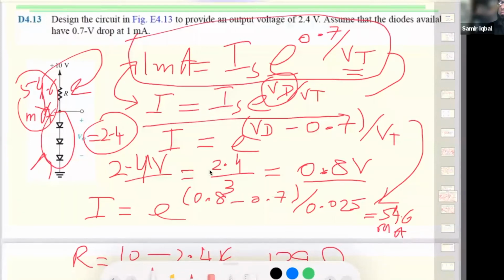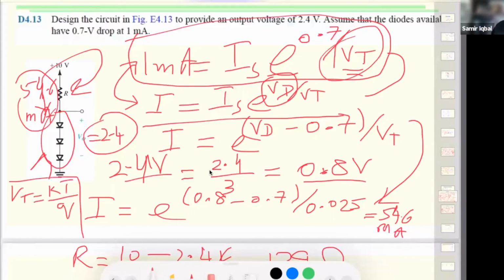Matthew asked me, where did I get my 0.025? VT, threshold voltage. We discussed that it is kT by q. It's a standard thing, and it is a temperature dependent quantity: Boltzmann constant times temperature divided by electron charge.